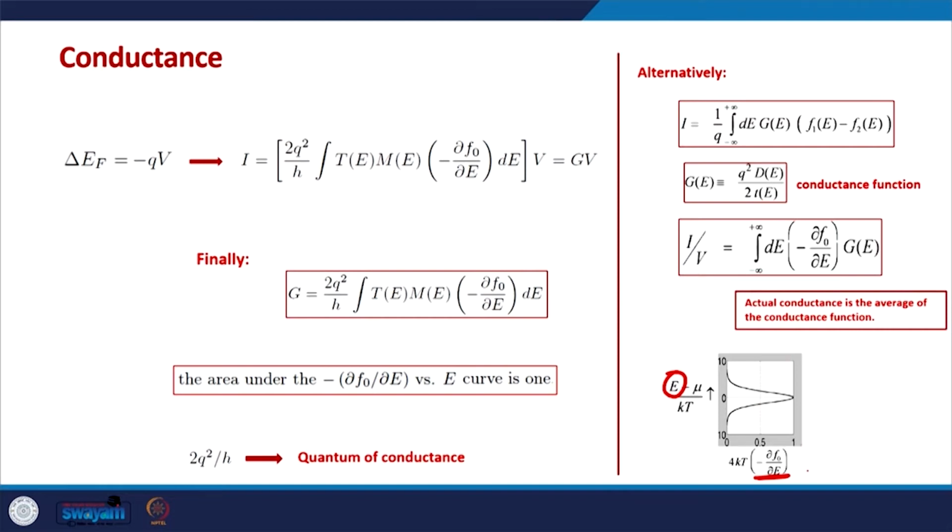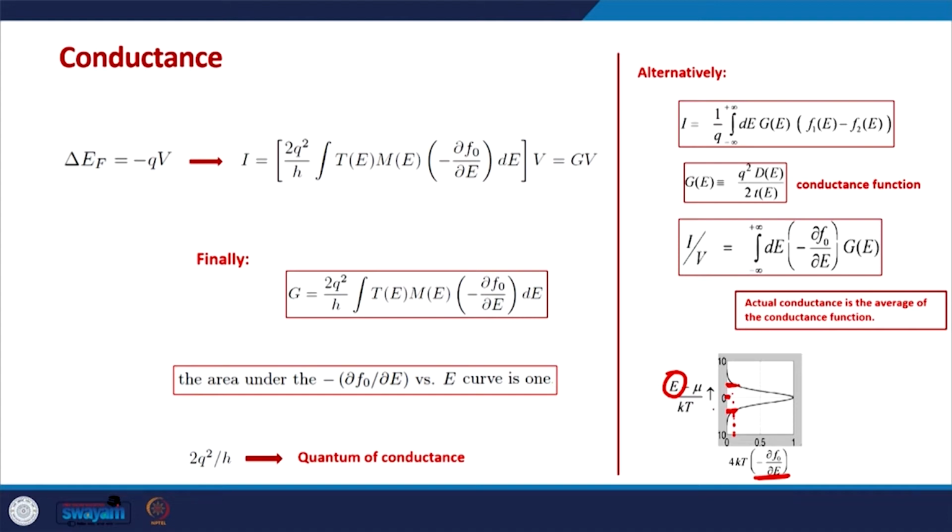Okay. So at around these values, the value of this function becomes very small. Okay. And these values are very close to this 0 point. 0 point is the Fermi level point.